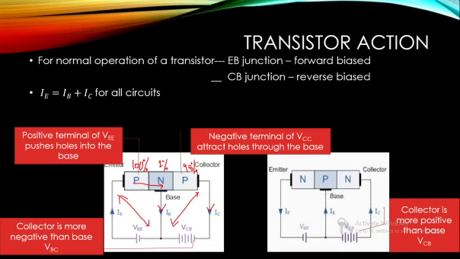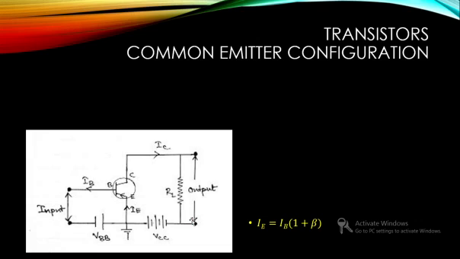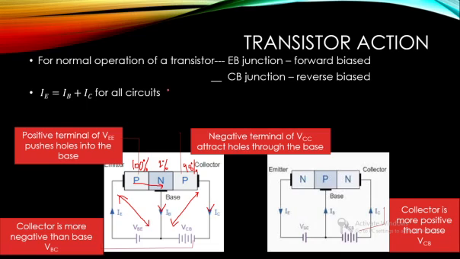So one terminal will be common to input as well as output. Based on that, you could have common base, which means base will be common to the input and output circuit. This is such a circuit. Here you can see base is applicable to input as well as output. So this is a common base configuration.